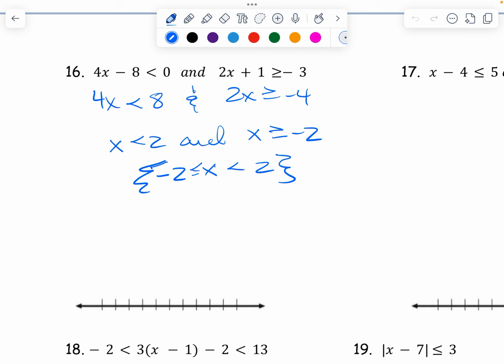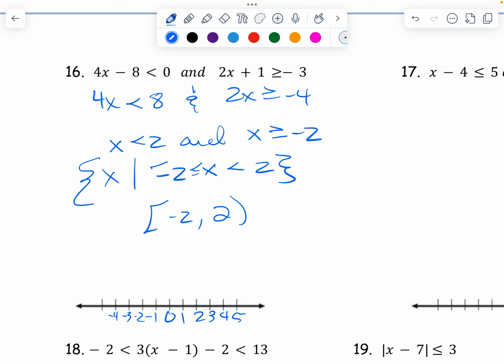Oh my goodness gracious. There we go. So negative 2 to positive 2. 0, 1, 2, 3, 4, 5. Negative 1, negative 2, negative 3, negative 4, 5. So I have a closed dot here and an open dot here, and it's all the stuff in between.